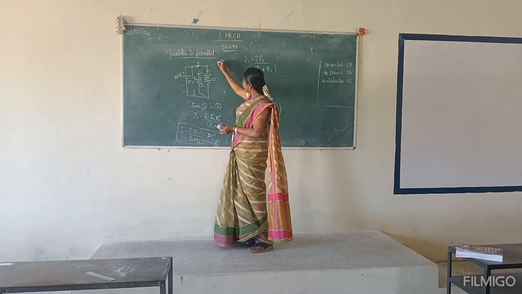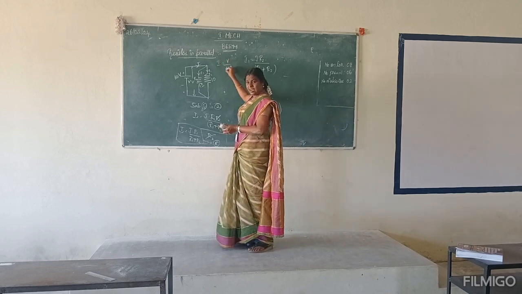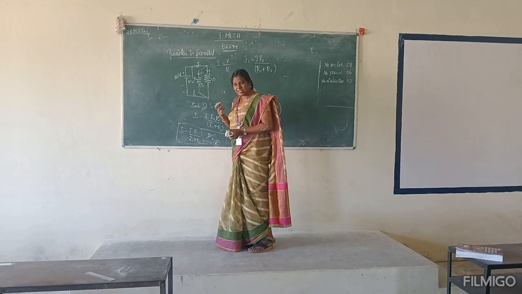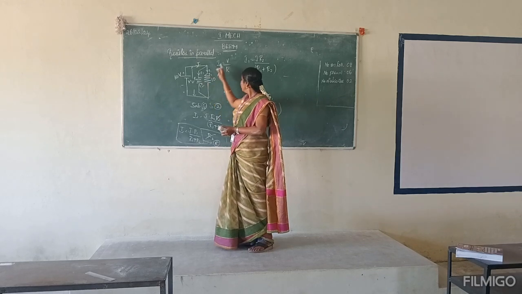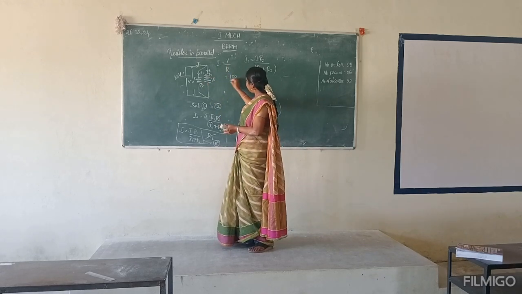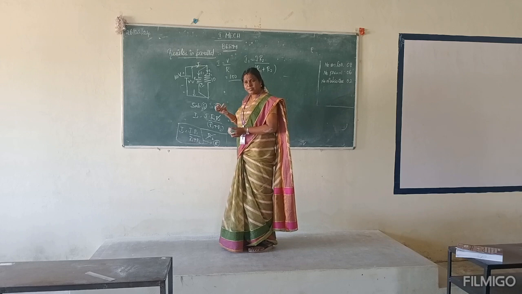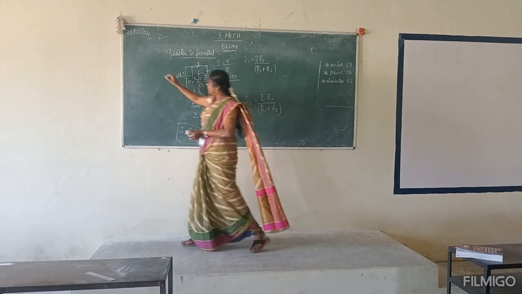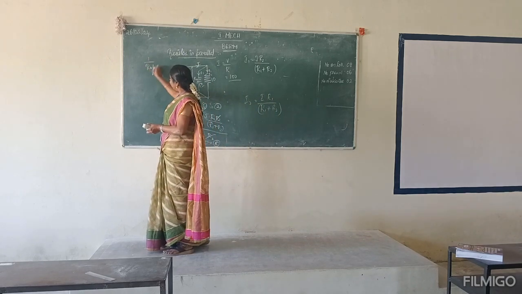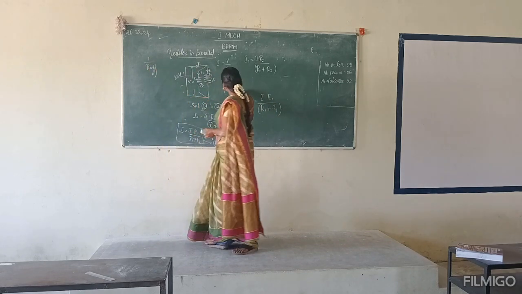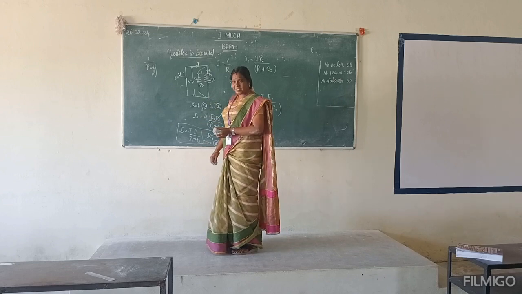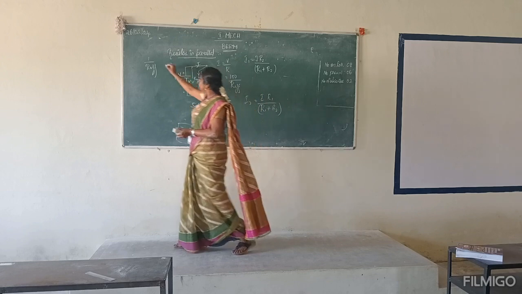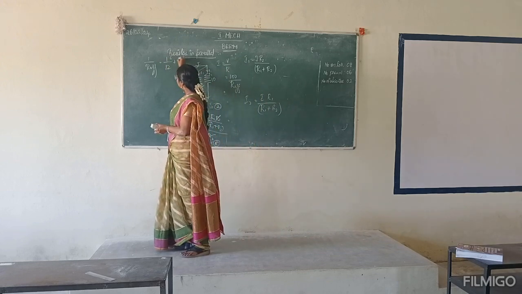What is the formula for finding current? I is equal to V by R. Now I need to find out the total resistance. Voltage is 100. In the place of R, what will you substitute? The effective resistance value, total resistance. Because I have two resistances, 1 by R effective is equal to 1 by 12 plus 1 by 10.